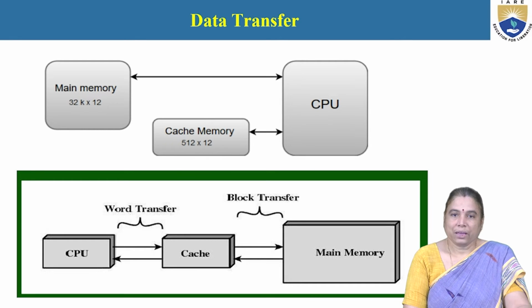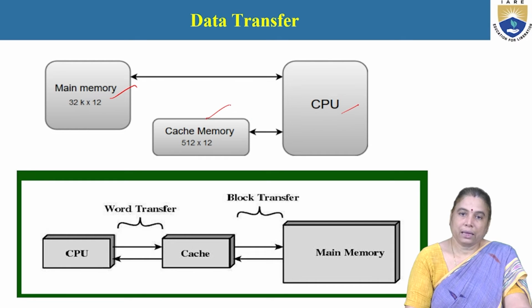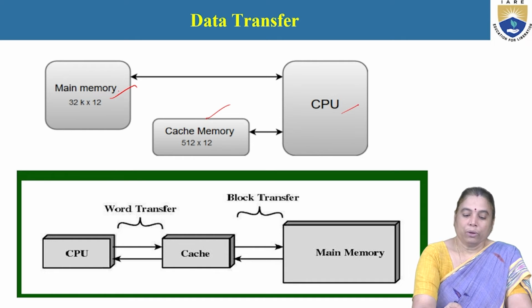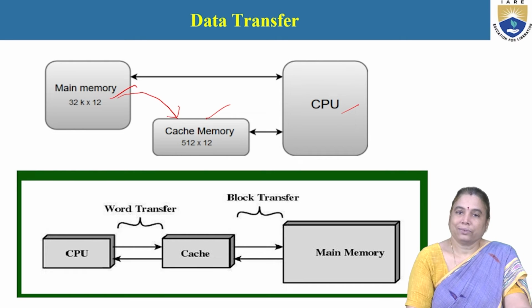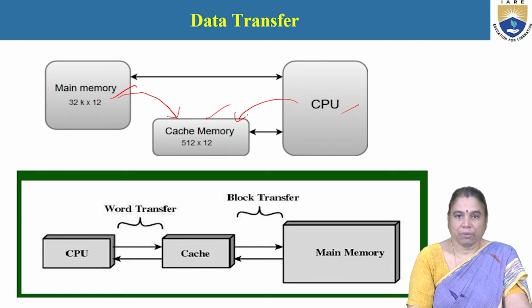So how is the cache located? Here we have the main memory and the CPU. In between, the cache memory is placed, and the frequently accessed instructions or data are brought from main memory and copied to the cache memory, so that the CPU can first look for these instructions in the cache memory.